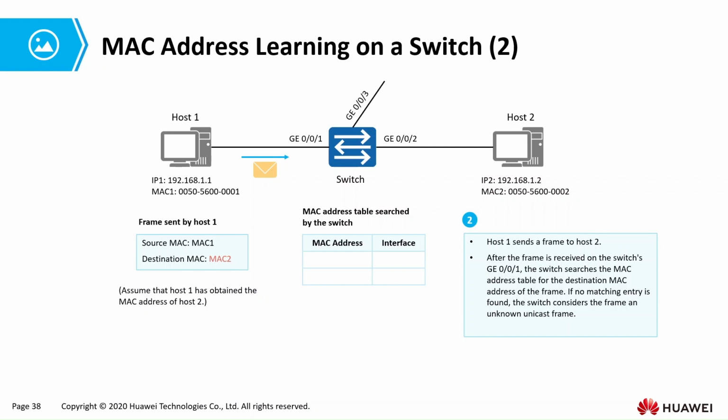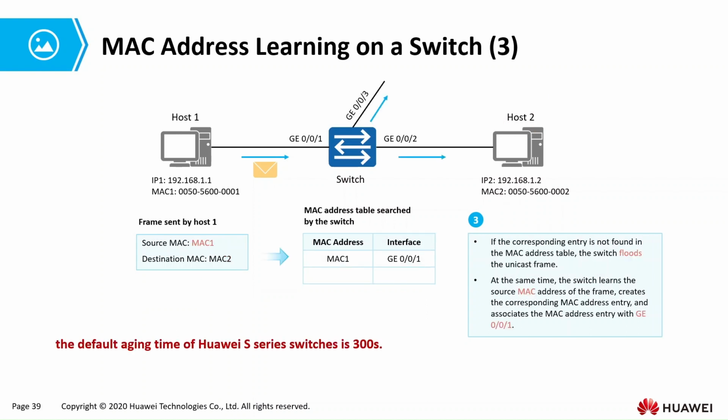So for example, here we have a source and we want to send to host 2 as the destination. What happens in your MAC address table whenever the switch receives the frame? It will record G001, actually the source MAC address 1. Okay, source. If it cannot find MAC address 2 in its entry, what happens? It will flood to all the interfaces.